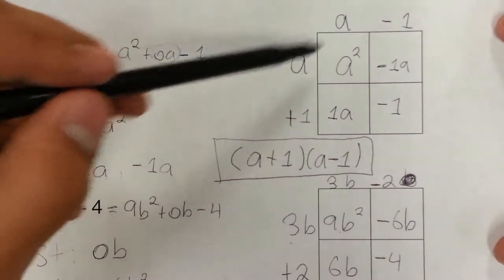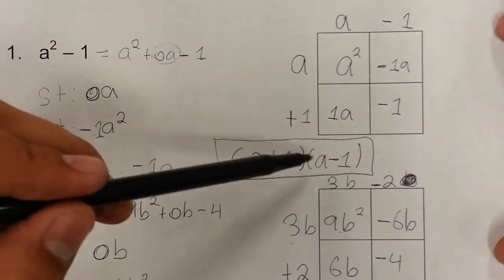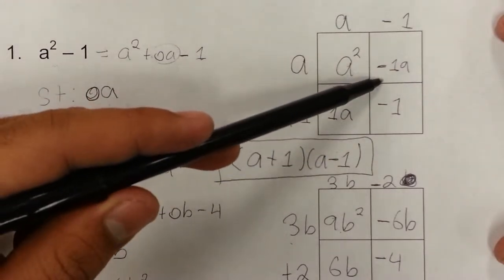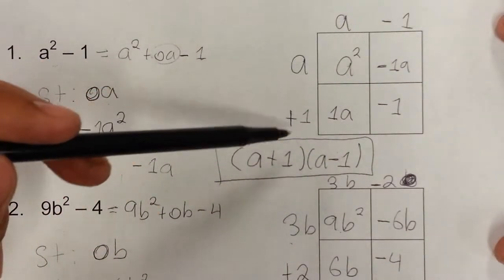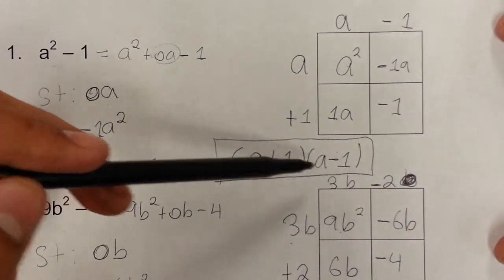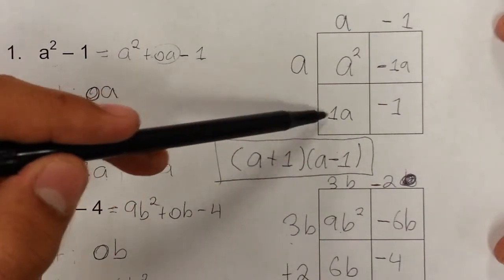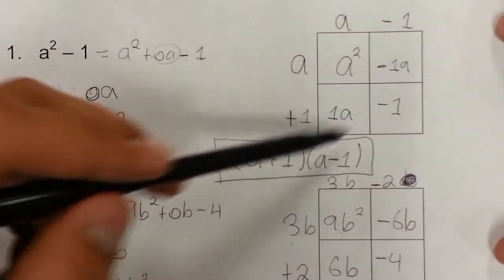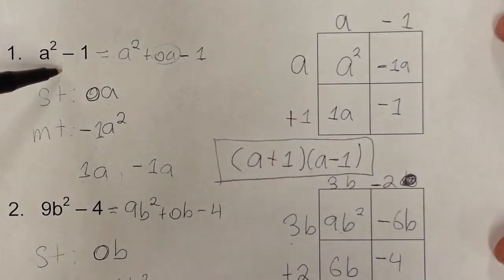We've got the a squared, the a times the a. Then the a times the negative 1 gives me negative 1a, and the a times the positive 1 gives me 1a, and the positive 1 times the negative 1 gives negative 1. These middle terms cancel out, so it gives us back our difference of squares.